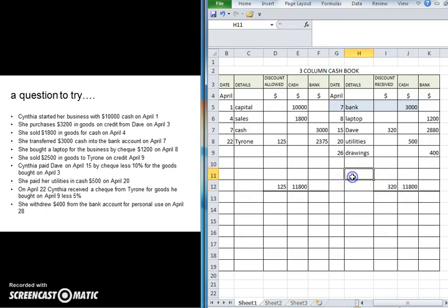So the balance, remember the figure that will make both sides now equal, is what I need to find out. So 11,800 minus the 3,500 will give me the balance. So 11,800 minus 3,500 is 8,300. So that is how much cash Cynthia has.